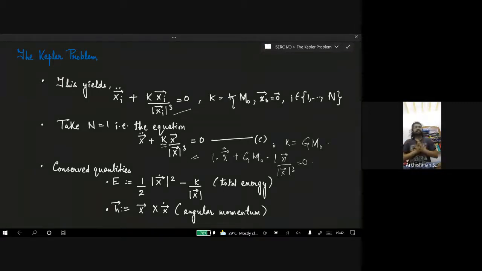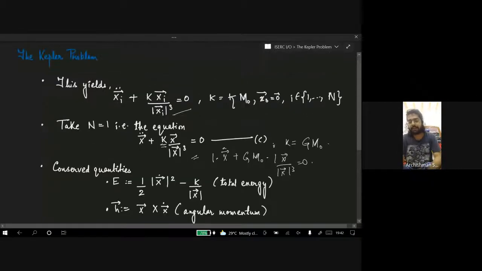Let's note something: if x equals 0, then the angular momentum vector is actually 0. What we want to do is study how our orbits will be if the angular momentum vector is 0.